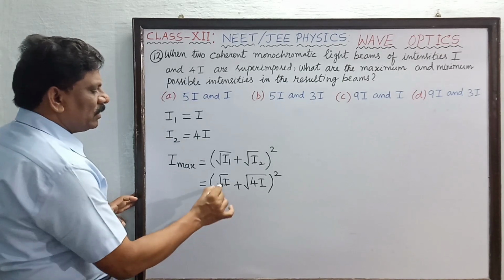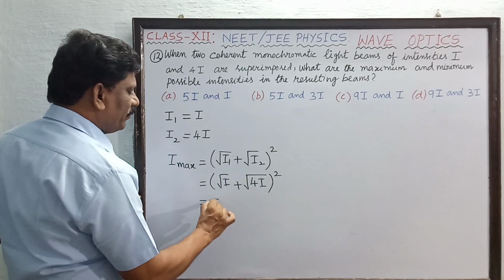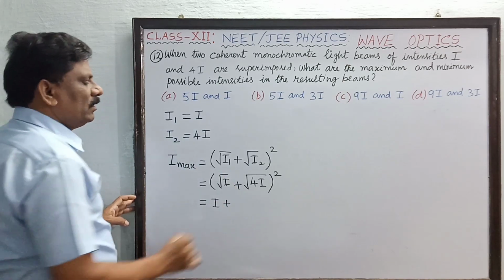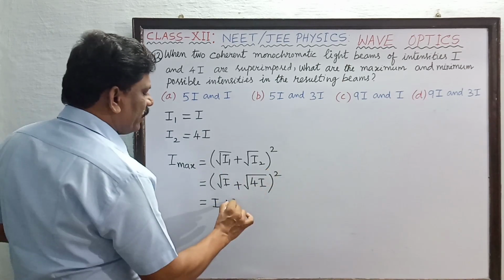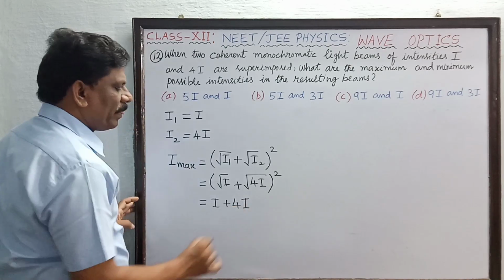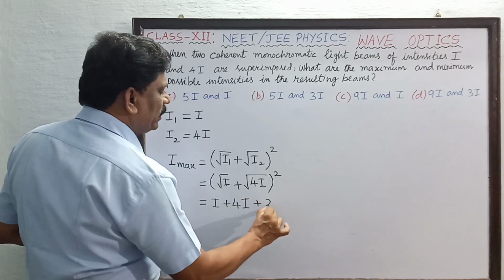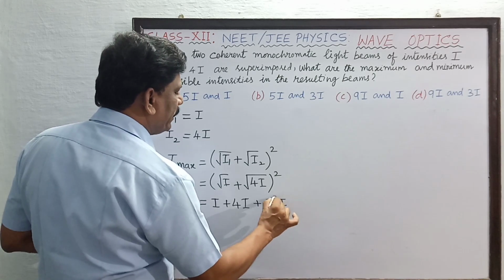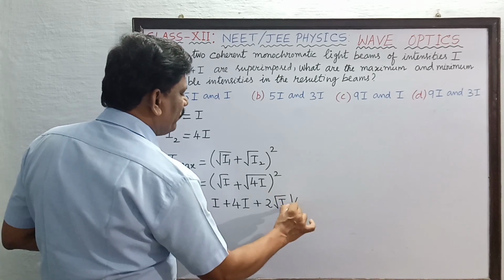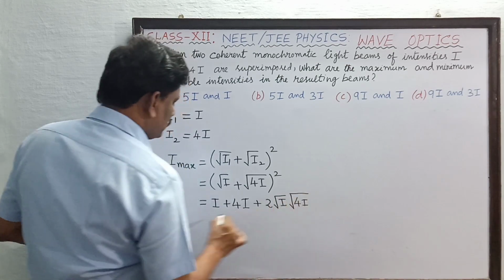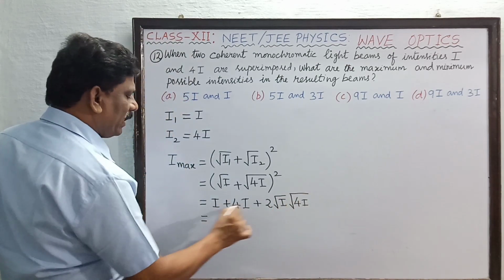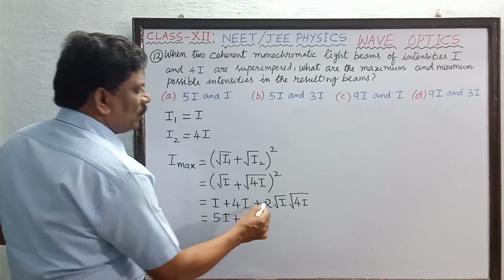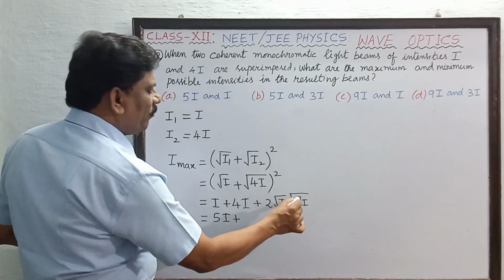So root I the whole square will become I, plus root 4I the whole square will become 4I, plus 2AB term. So this is 2 into root I into root of 4I. So this is equal to I plus 4I is 5I plus 2 into square root of 4I square.